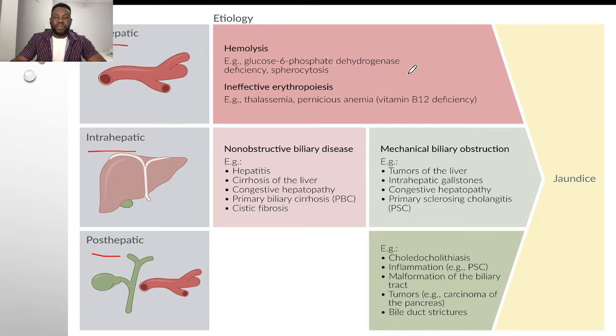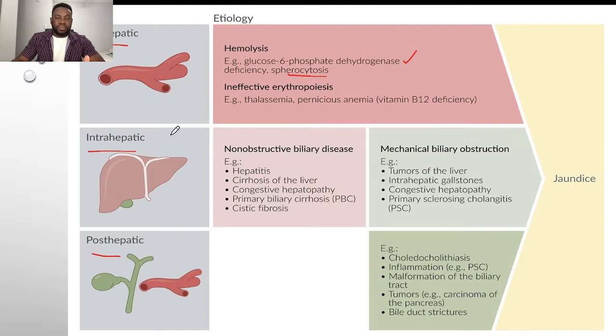So for example, if a patient has G6PD deficiency and they're taking a drug like TMP-SMX, they are going to have hemolysis. And then if they also have spherocytosis, they are going to have hemolysis, in that the breakdown of RBCs is going to be too much for the liver to cope with. So these are some of the causes.